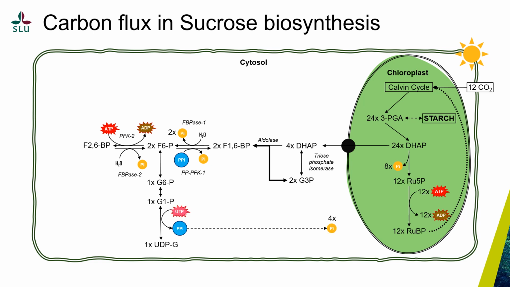There we're just explaining the same information which we talked about before. So here glucose 1-phosphate is converted into UDP glucose, and it leads to generation of pyrophosphates, which are transported back to the chloroplast.